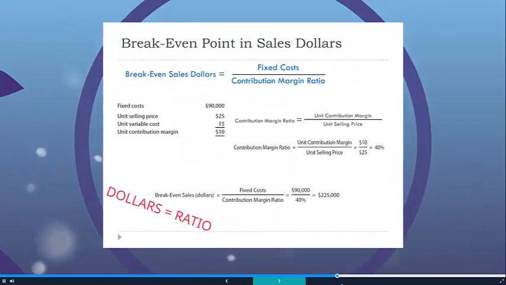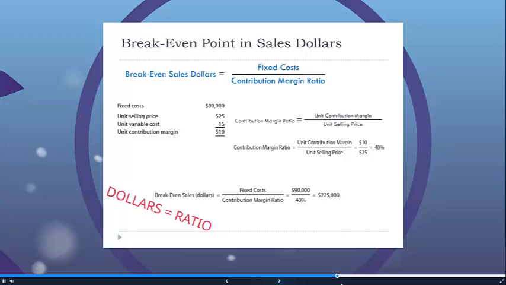Let's take a look at our break-even in sales dollars. To get our break-even in sales dollars, we would take our fixed cost and divide that by our contribution margin ratio. Remember, dollars equal ratio. Let's take a quick look at this. Our unit contribution we figured out was $10 per unit.